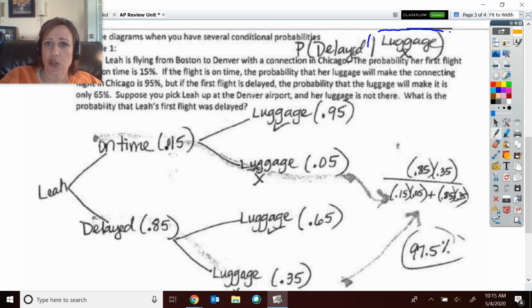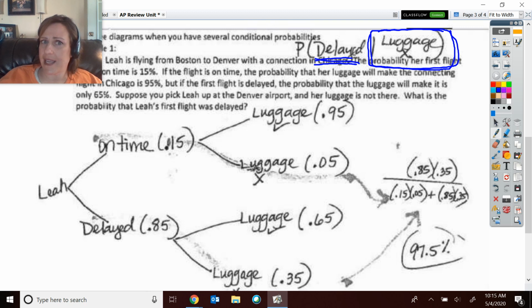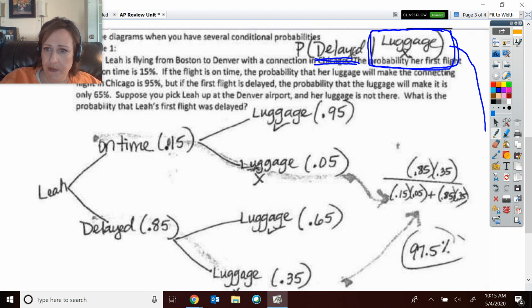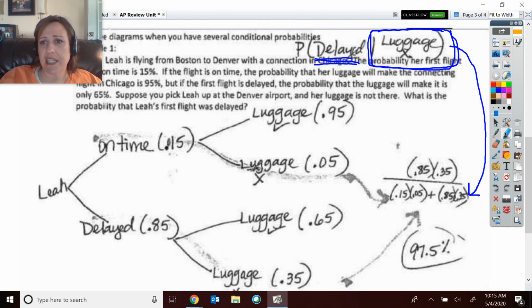All right. Then the ultimate question comes in. Given that her luggage did not arrive, what does that say then about her first flight? Okay, what's the probability then that it was a delayed first flight? So remember, all of the luggage not getting there goes on the bottom. That's the denominator. Out of all the ways that her luggage doesn't get there, what's the delayed part?